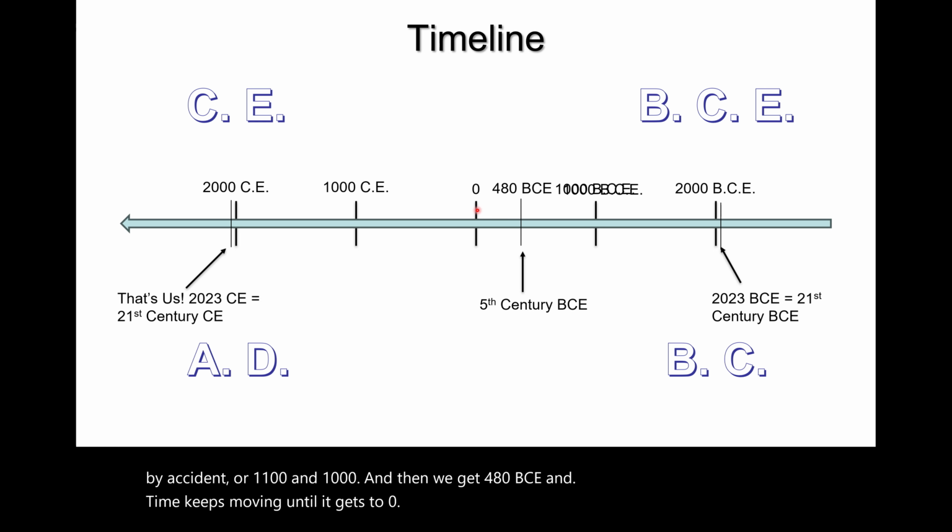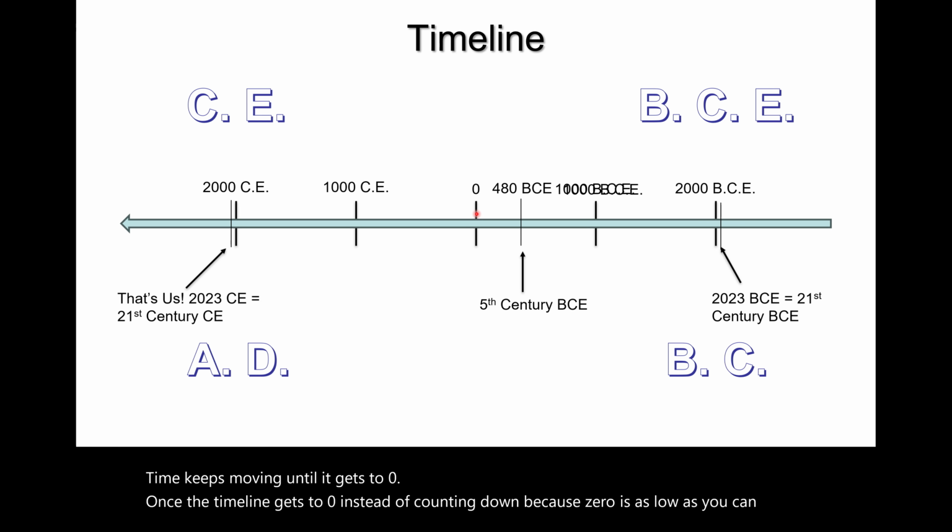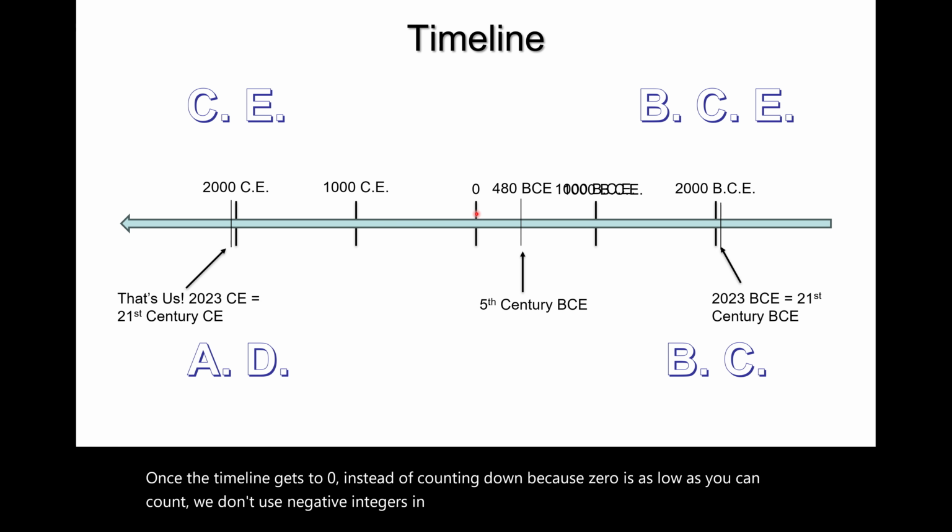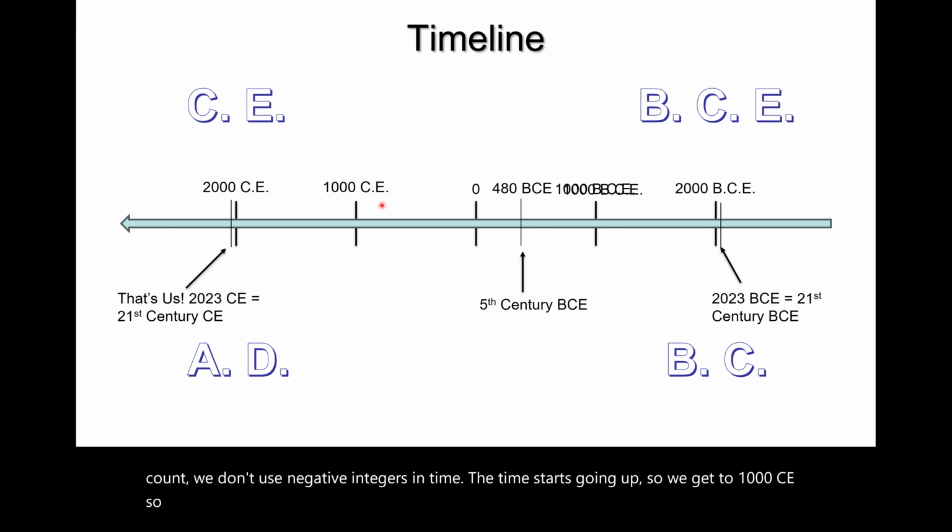Once the timeline gets to zero, instead of counting down, because zero is as low as you can count, we don't use negative integers in time, the time starts going up. So we get to 1000 CE. So whenever time moves forward and the numbers get bigger, it's the Common Era, also known as Anno Domini or AD.